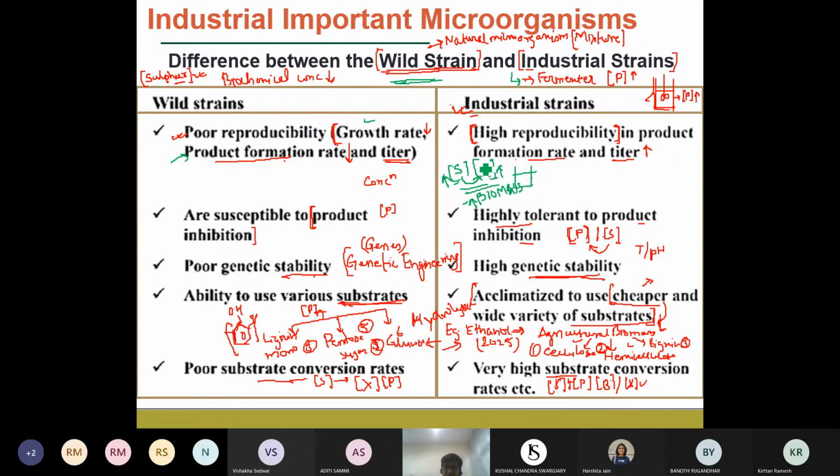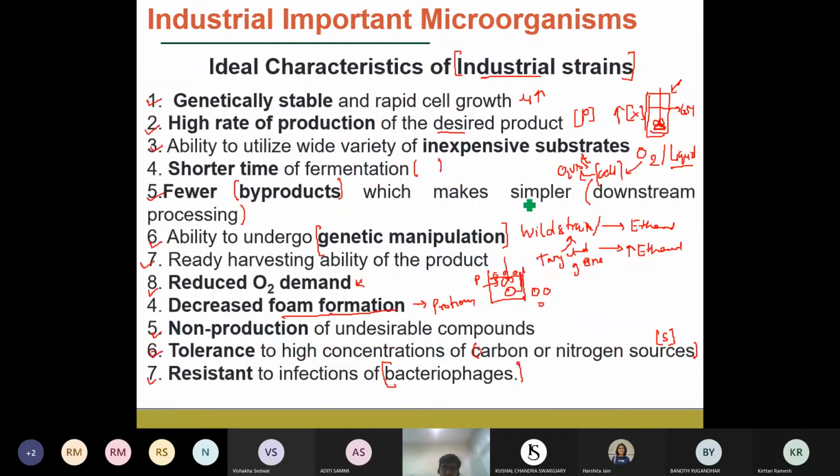That is why we need to design the industrial strain so that it can withstand higher substrate concentration and higher product concentration, and it can also have a high growth rate, so that the overall biomass concentration is significantly higher. These are the characteristics of industrial strains that we have looked into, the ideal characteristics.